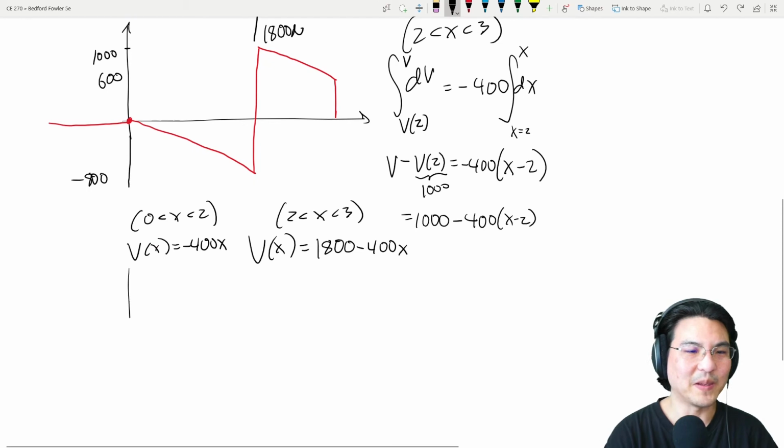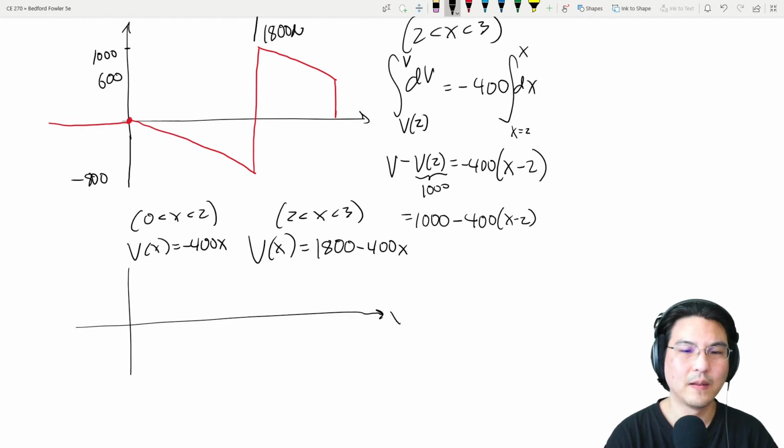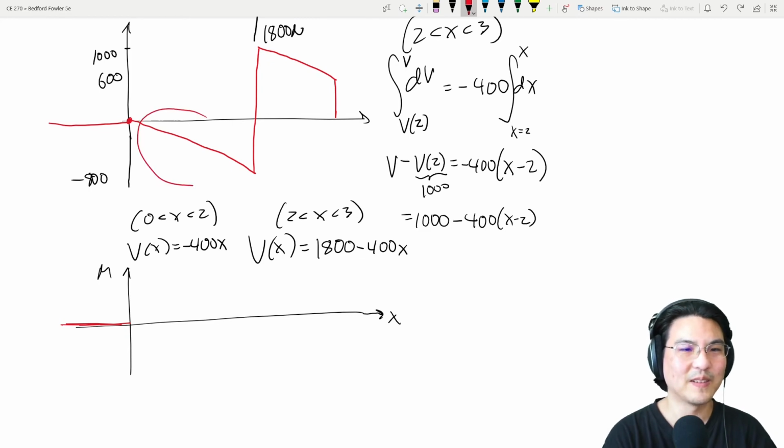So the bending moment, it's 0 over here, but then there's no couple to make it change instantaneously. We just have this shear over here between 0 and 2.